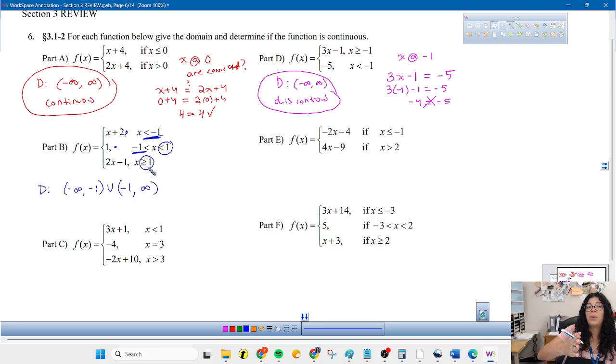So we are going to have points from -1 all the way to the right to infinity, but it's just going to have a hole. There's going to be no point at all on the x value of -1. So I don't even have to do the work of figuring out are they connected or not, because even if they were to be connected, there would still be an open circle, which means that it would be not continuous or discontinuous.